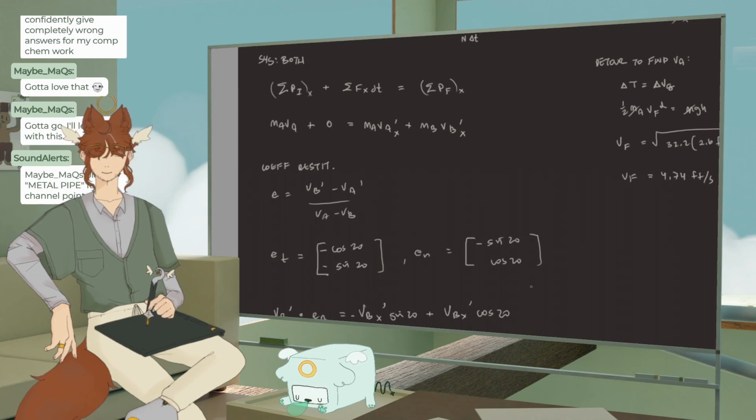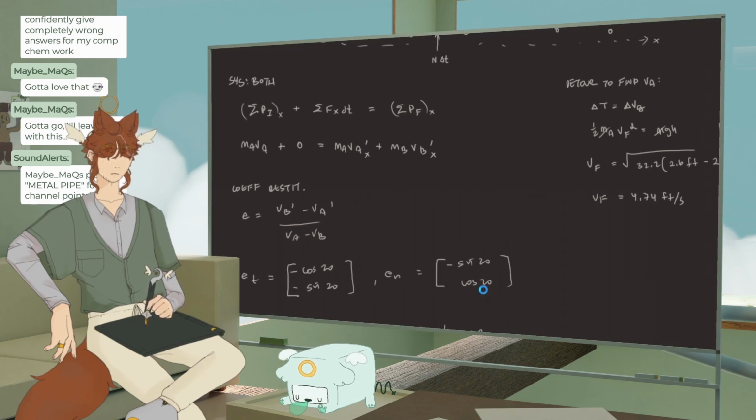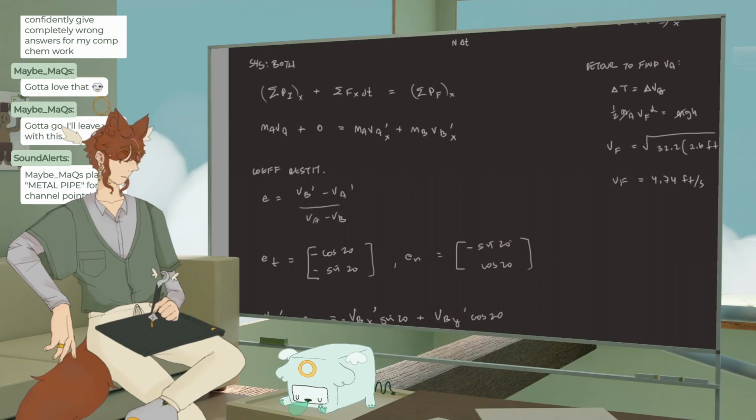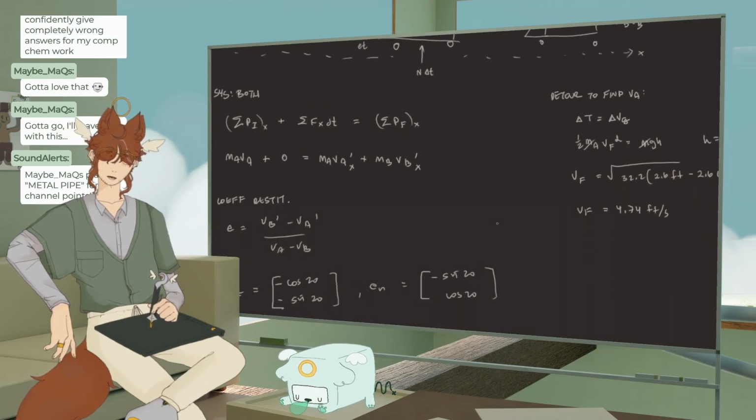Not really, because I kind of need it in the... I need some, like, number times En. Like, these are the components of En. But I need, like, thing. Is this what it is times? I guess that would be just this times En. Kind of evil, though. So this would be VBY. I don't like that. The dot product is not helping me here. How do I get it in the normal direction?